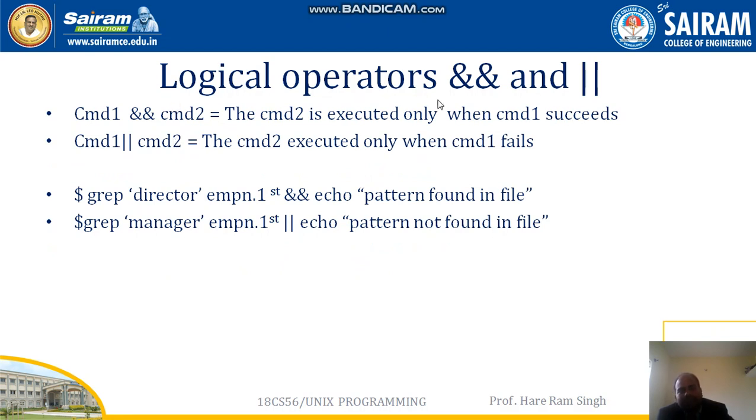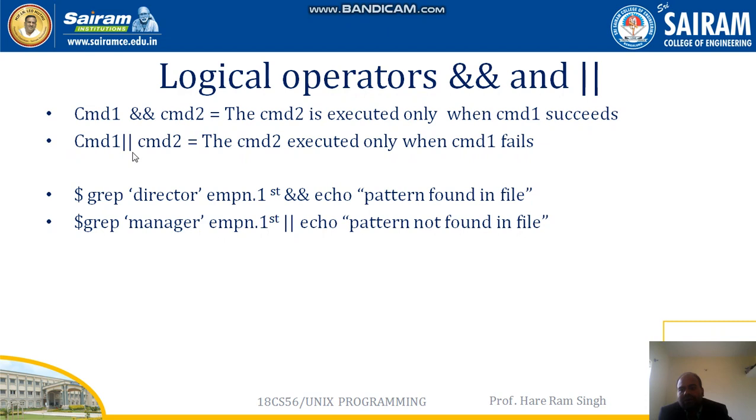Next we have the logical operators && and ||. Now command1 && command2: command 2 is executed only when command 1 succeeds. If command 1 is successfully executed, then only command 2 will be executed.